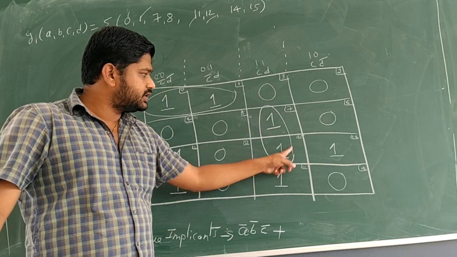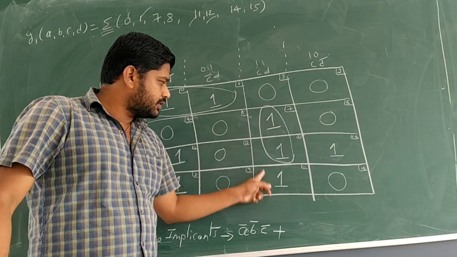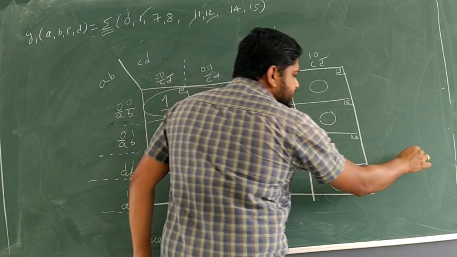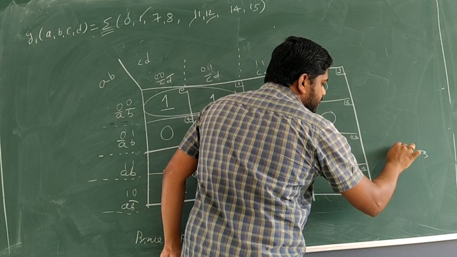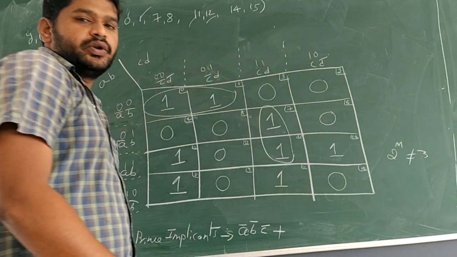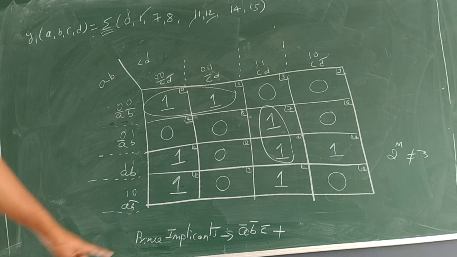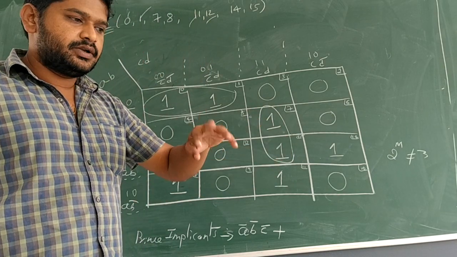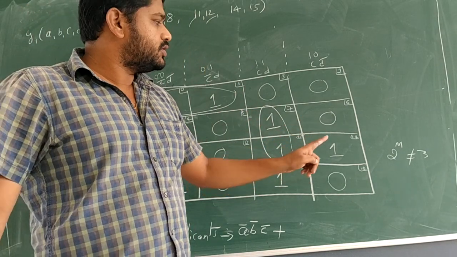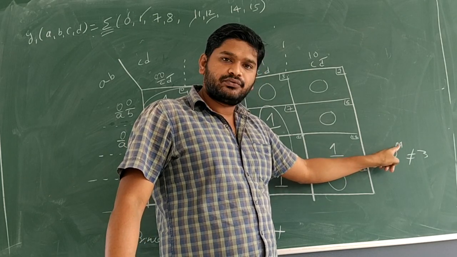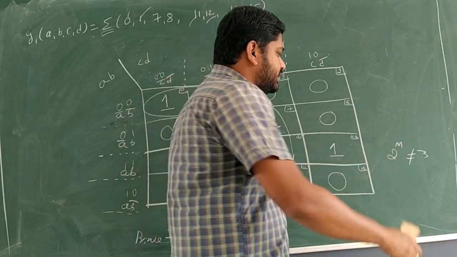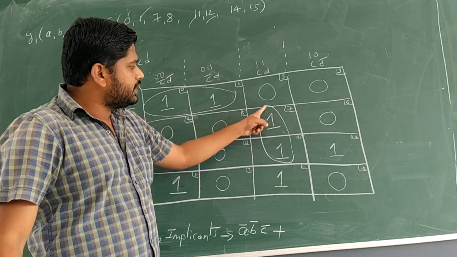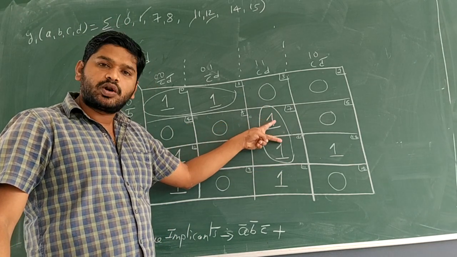Why is a cover of 3 not coming? A cover of 3 ones is not allowed because 3 is not equal to 2 raised to m. Hence, the number of ones inside a cover should be a standard number of 2 raised to m. So 3 is not allowed. So now it is between 2 rows.